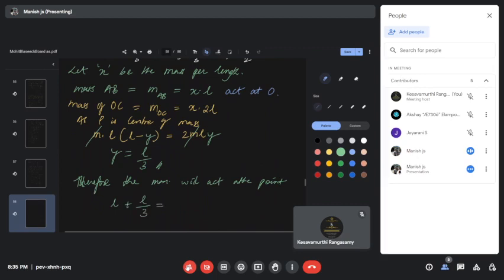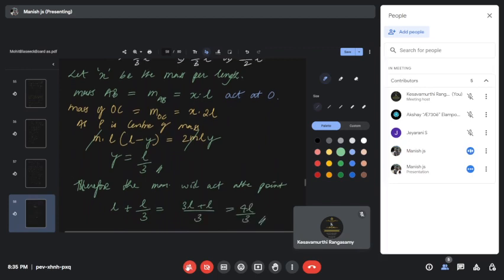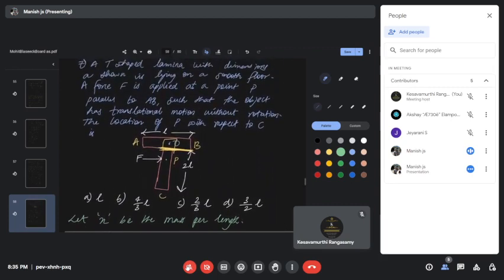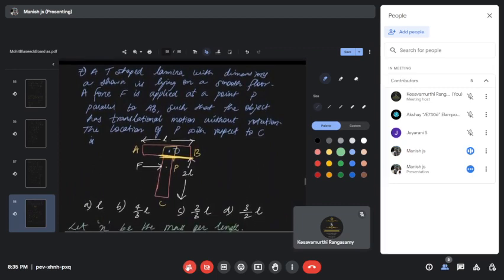So we need to add both of them, which is 3L plus L upon 3, that is 4L upon 3. So you would get the answer as 4L by 3. For the entire thing you need to consider 4L by 3. So the answer is option B.